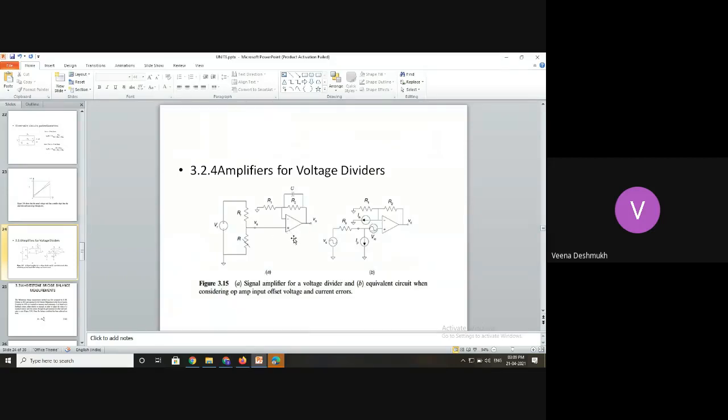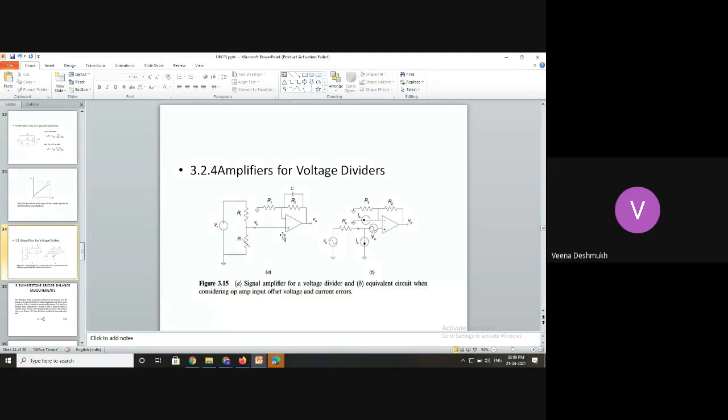Now to minimize such errors only, the compensation networks are designed. Now actually what happens when we make use of op-amps, automatically these effects get nullified because of the working principle of the op-amp, because of its two terminals, the minus and the plus, or the inverting and non-inverting terminals, which work on the principle of the virtual short concept, automatically the effect of lead resistors is taken care of.